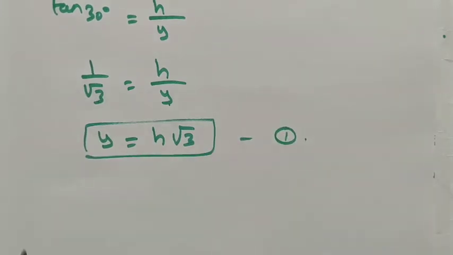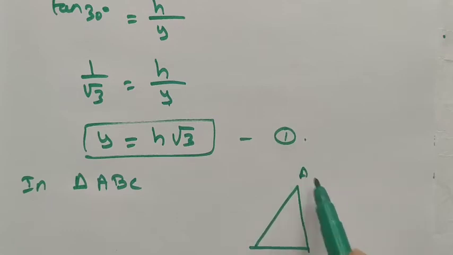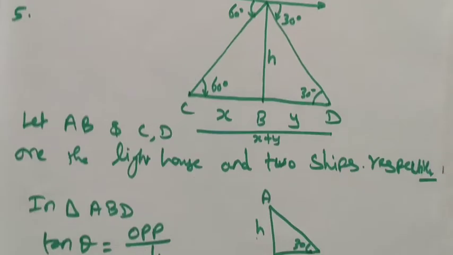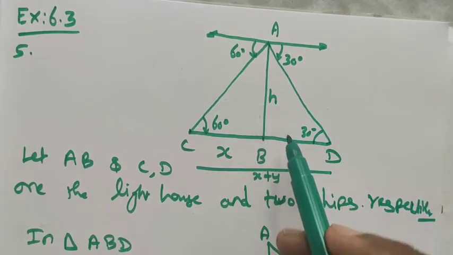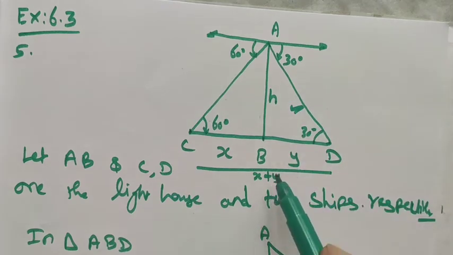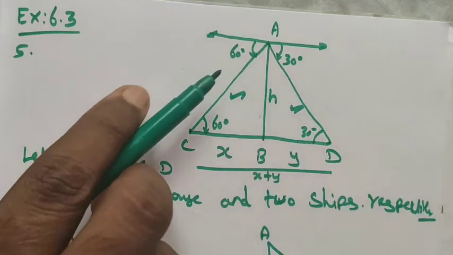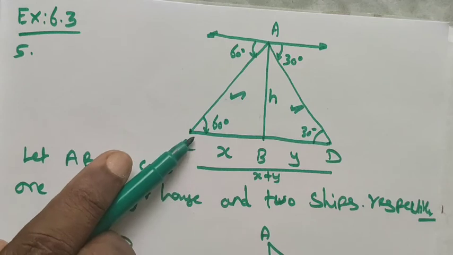Take this as equation number 1. Next, in triangle ABC, see the triangle like this. This is ABC, this angle is 60 degrees, this is x, and the height is h. First we chose this side, now we are going to choose this side, this triangle ABC.